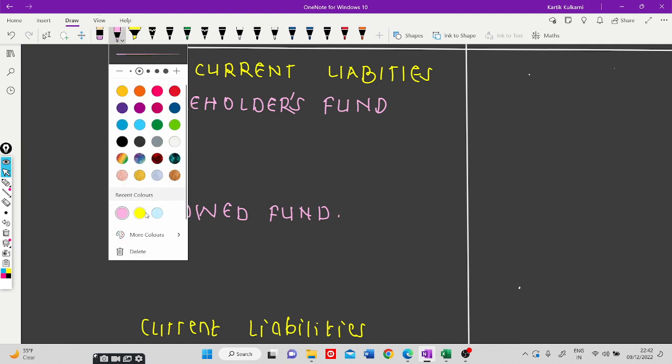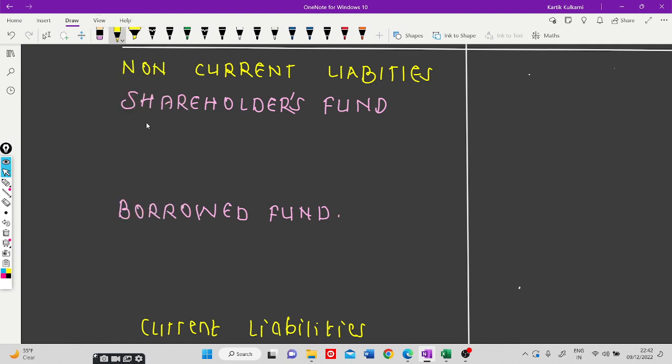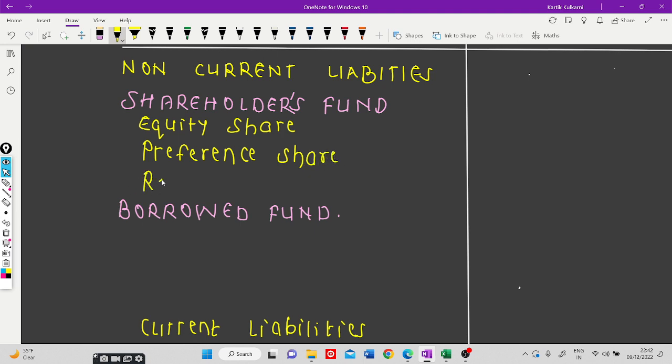Shareholders fund consists of the share capital, which may be equity share capital or preference share capital, and reserves and surplus.